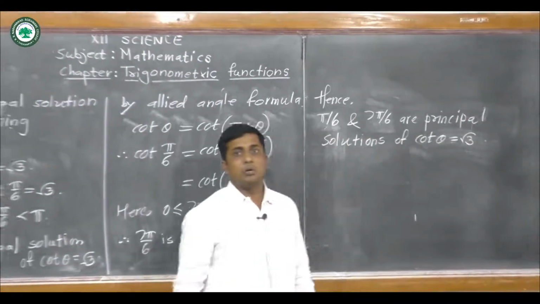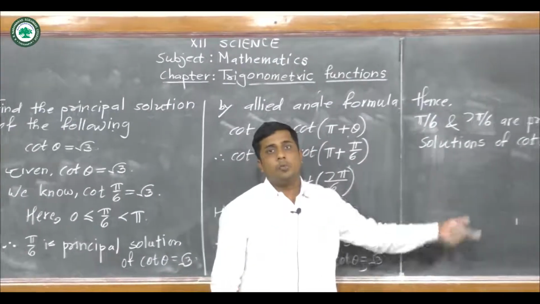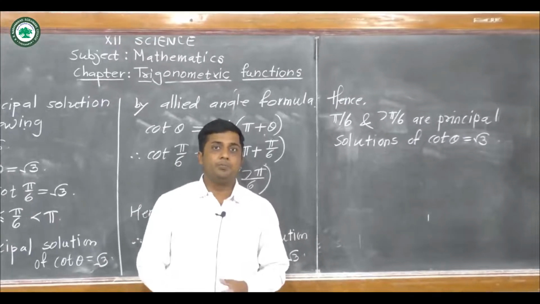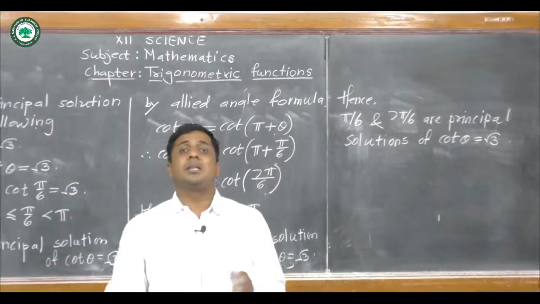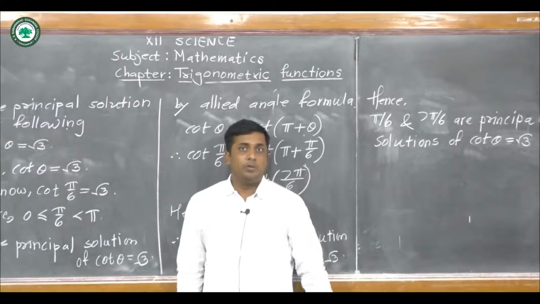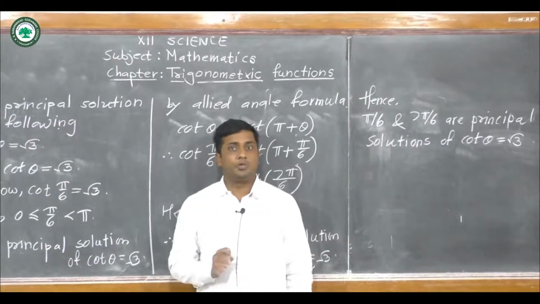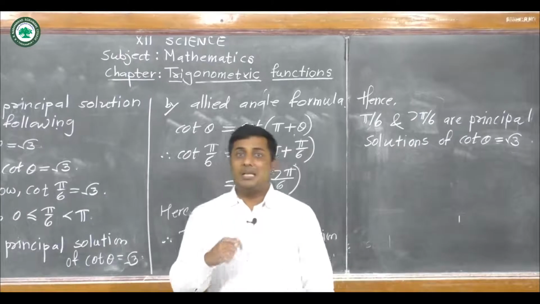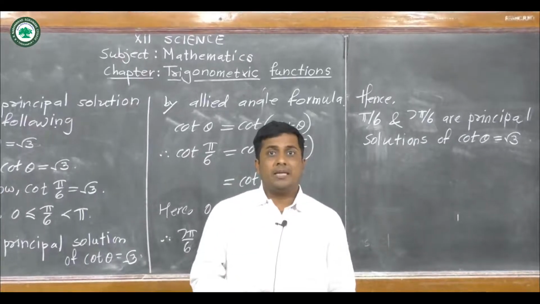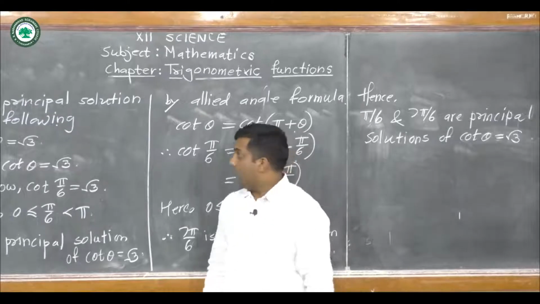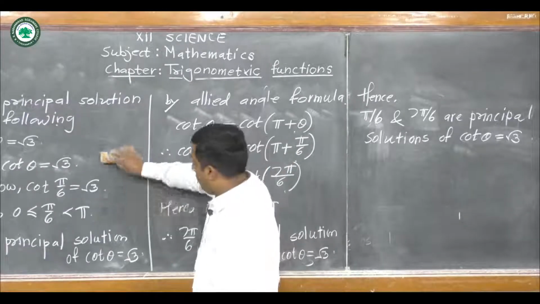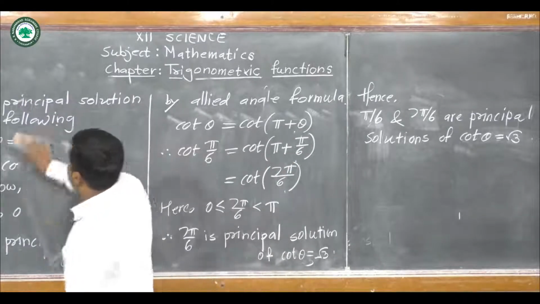So very simple example it is. Okay, up to now in these three examples we consider only positive values. Now we consider the negative values. That is, in the trigonometric equation we consider the negative values. Okay, so we go with our next example.